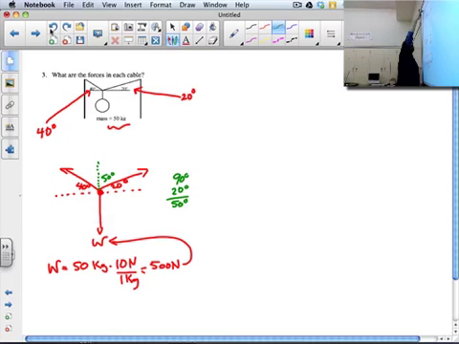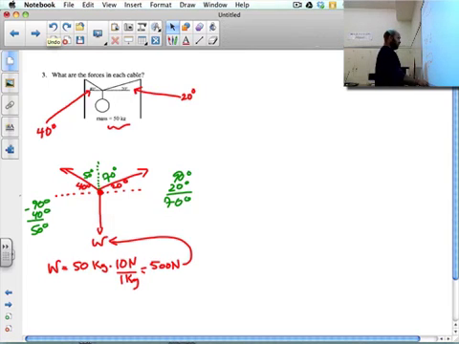Sorry about that. Okay, try that one again. 90 degrees minus 20 degrees is going to be 70 degrees. That's this angle. And the other angle will be 90 degrees minus 40 degrees, and that's going to be 50 degrees.